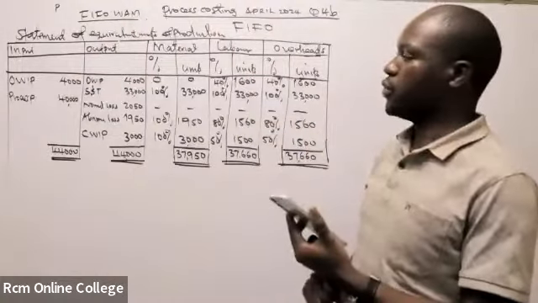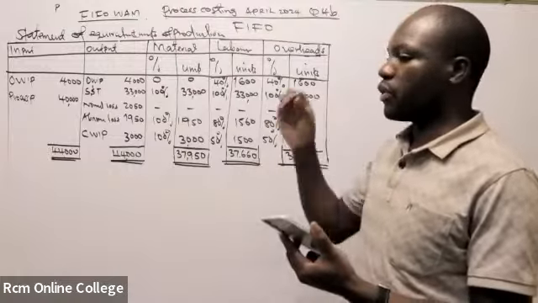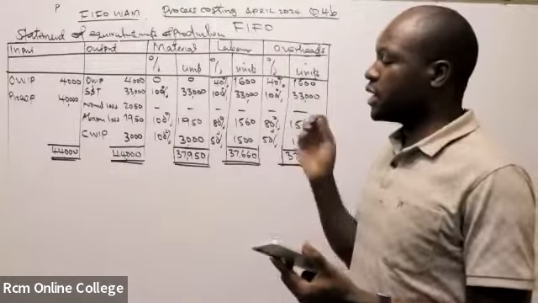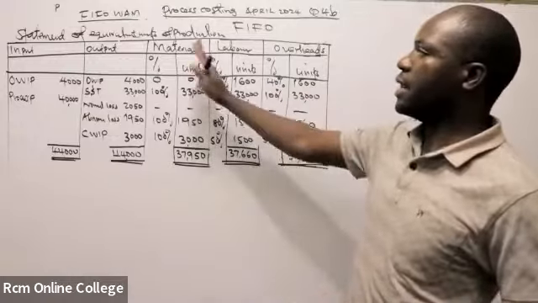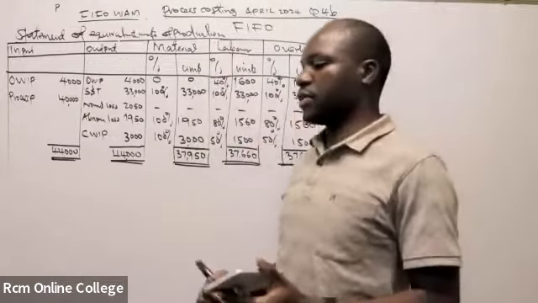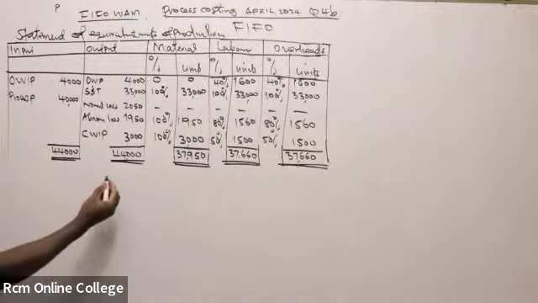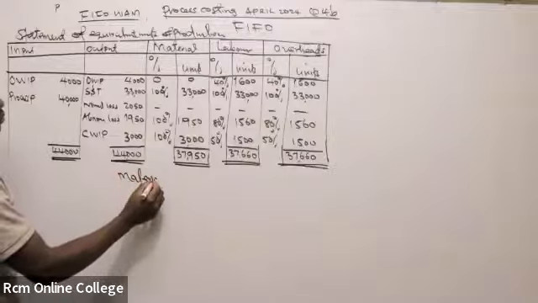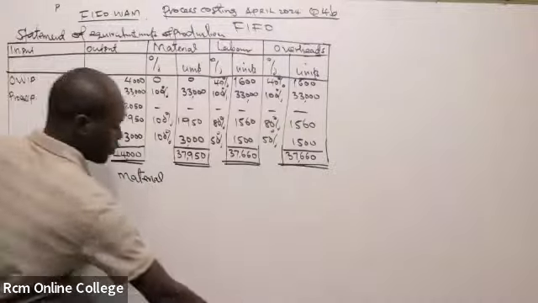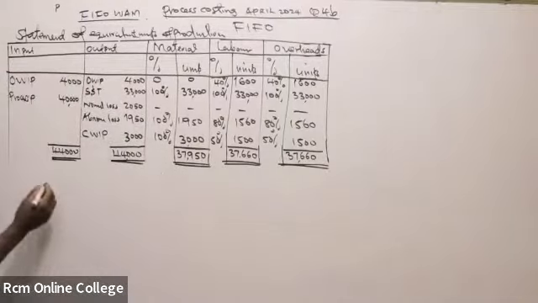The next thing you're supposed to do is to come up with what we call the statement of cost. The statement of cost will help us to get the total costing under the 3 items. So we'll now come here and talk about material. Let me try to minimize here.